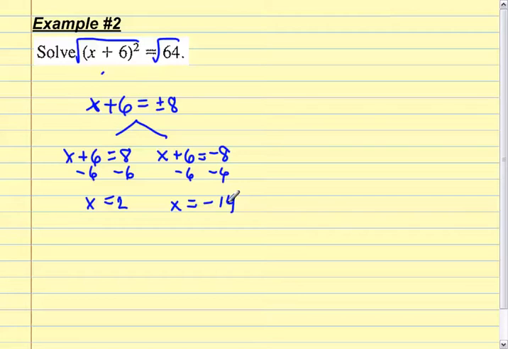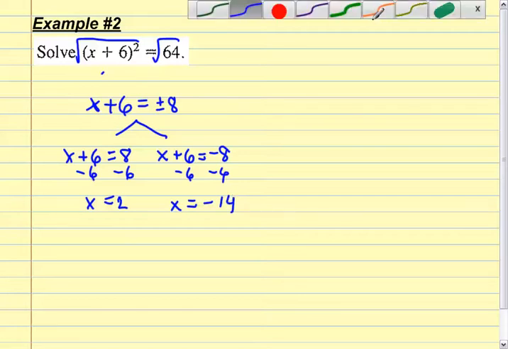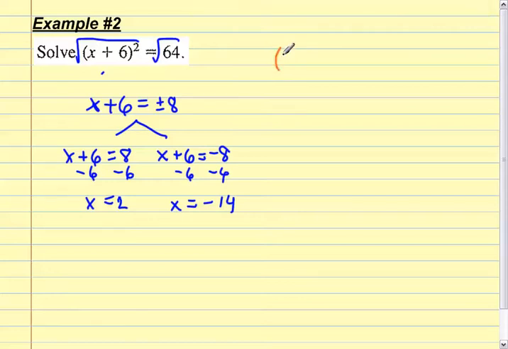All right. Let's see if that works. I'm going to get a different color. How about orange? Let's try orange. All right, let's go back to the original equation. 2 plus 6 squared equals 64. 8 squared equals 64, and we can see that that's right.